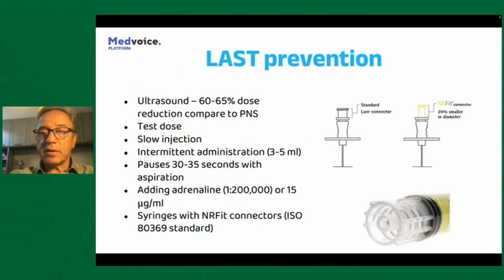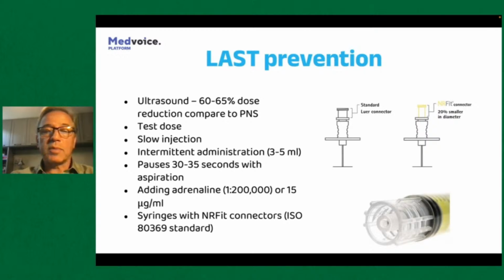How can we prevent local anesthetic systemic toxicity? Obviously, we can now use ultrasound. And it's been shown that the dose for local anesthetic blocks has been reduced since the routine use of ultrasound. Always use the test dose, particularly if you're doing epidural infusion, because your catheter could have migrated intrathecally.